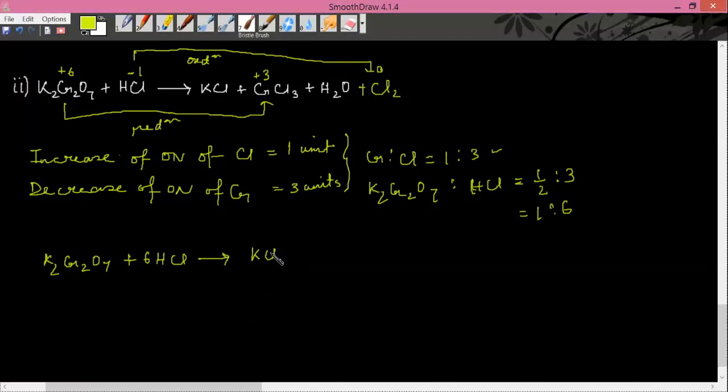It should be checked later, but it should be 2 because K2Cr2O7 contains 2 K. That means we should get 2 KCl for this 2 K. And then we have CrCl3, 2 Cr, that means we should get 2 CrCl3, and then Cl2 plus H2O.